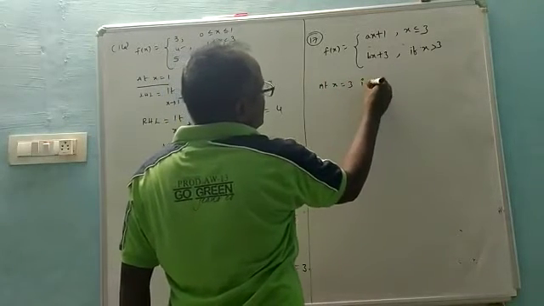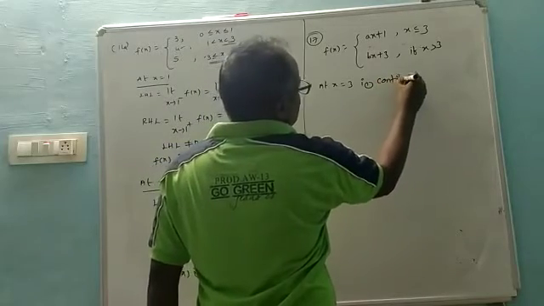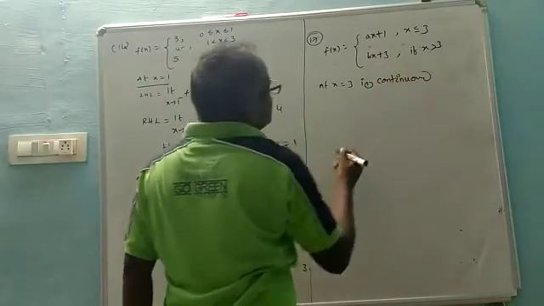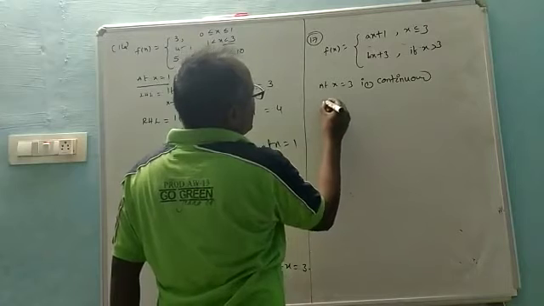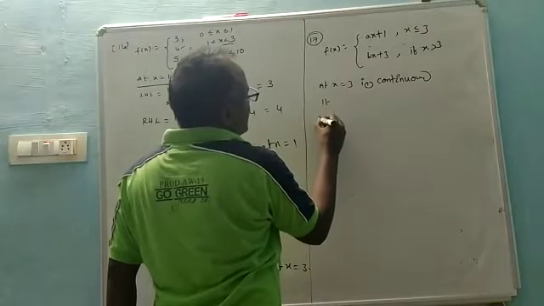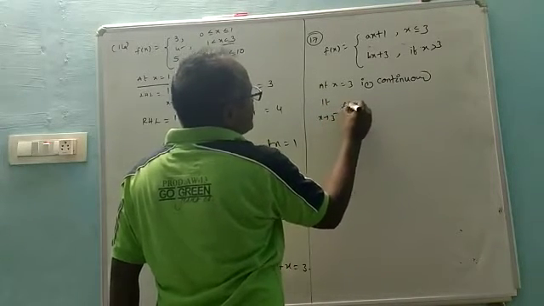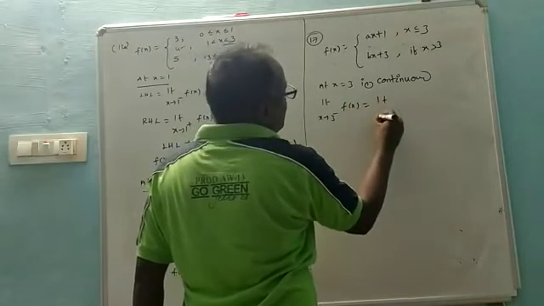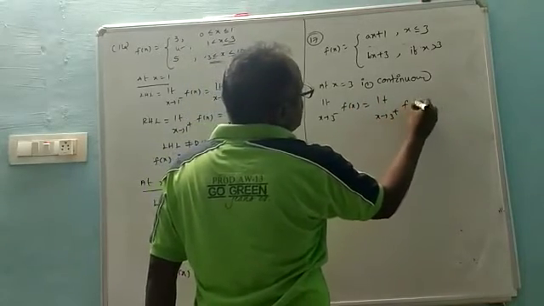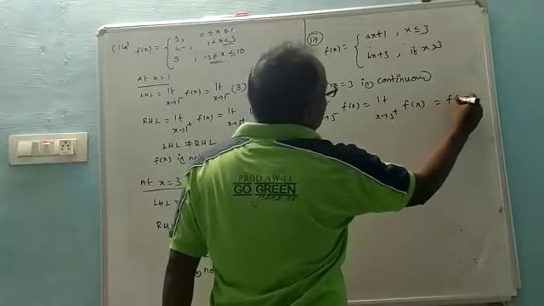Is continuous they given, what is that meaning? Left hand limit x tends to 3 minus f of x is equal to limit x tends to 3 plus f of x is equal to f of 3.